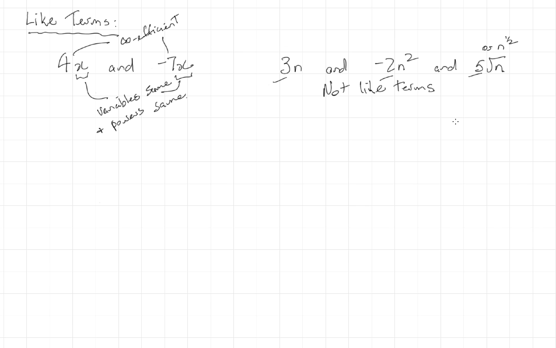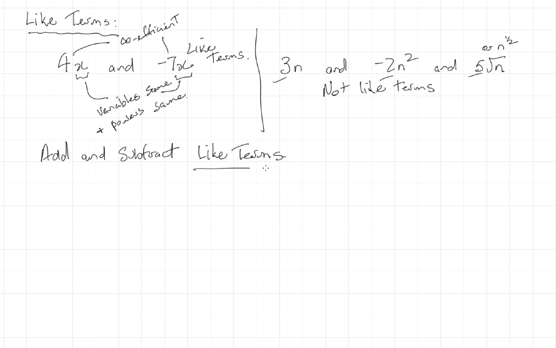And the reason we make the difference between what are like terms and what are not like terms is the fact that we can add and subtract like terms only. So let's just look at addition. We've got 4x plus negative 7x.